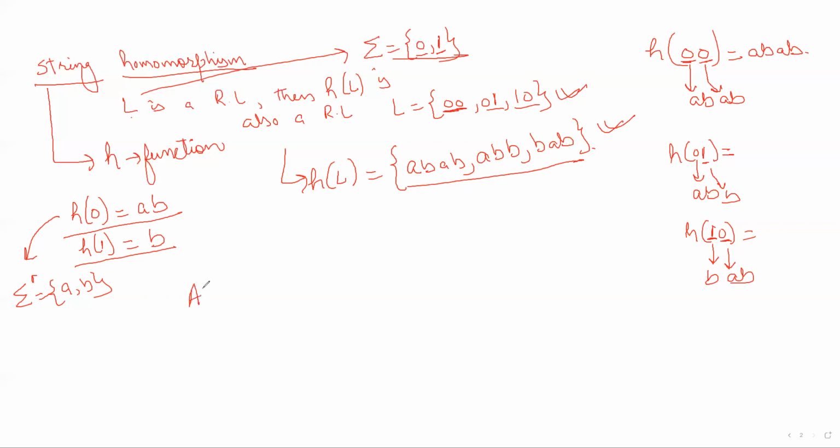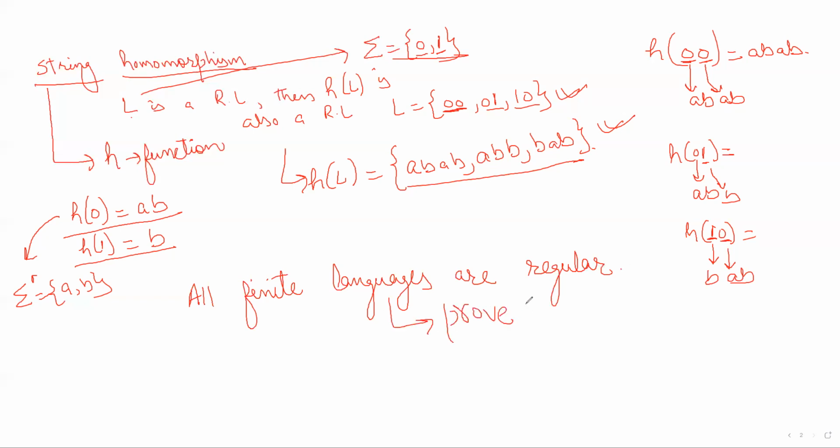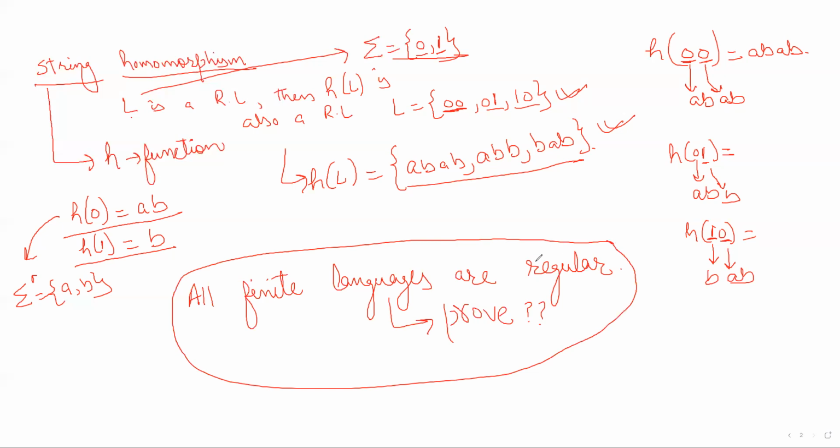all finite languages are regular. So what is a finite language? So you have to prove this. So first you have to understand what is a finite language. A language is finite if there are a finite number of strings.